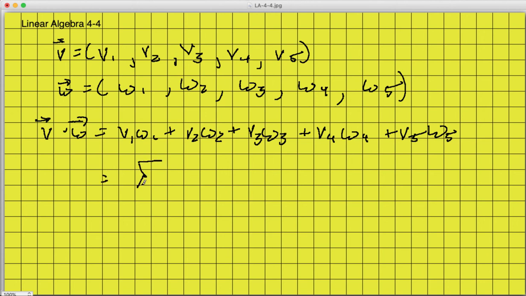That's the summation from i goes from 1 to 5 of v sub i w sub i. That is called the dot product.